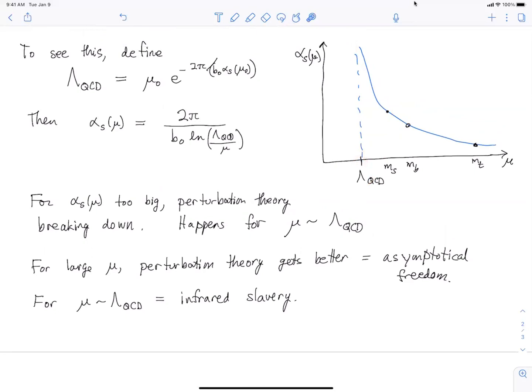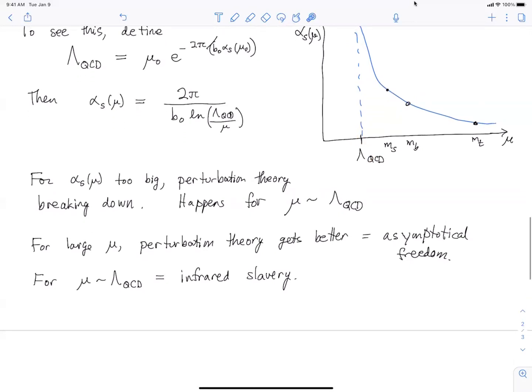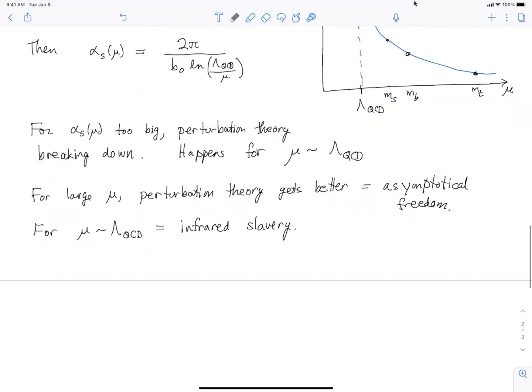And so that's why nothing can escape beyond a mass scale below this, which is a distance scale larger than 1 over lambda QCD. Okay, so the upshot of this is quarks and gluons only appear as bound states.